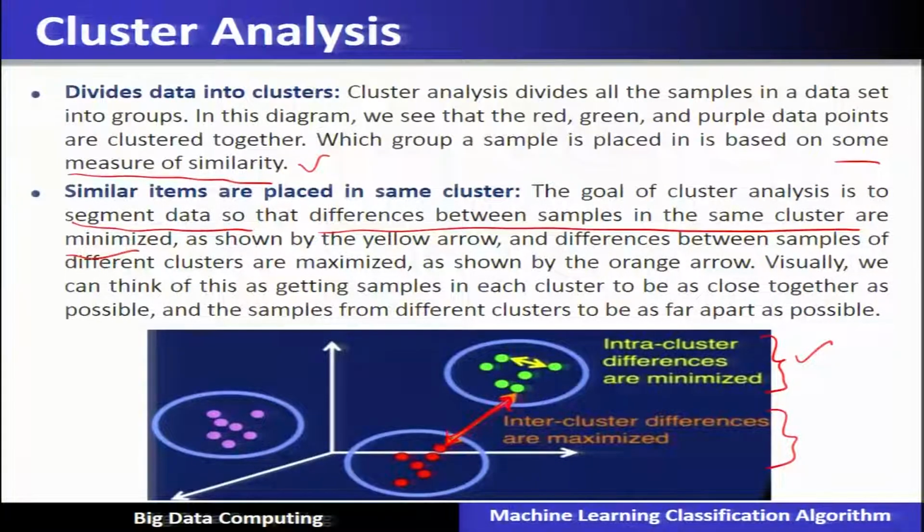When these two conditions are met, then we are done with that cluster, and clustering analysis is about dividing into these clusters so that similar items can be placed together, and the items in different clusters are separated with the maximum differences.